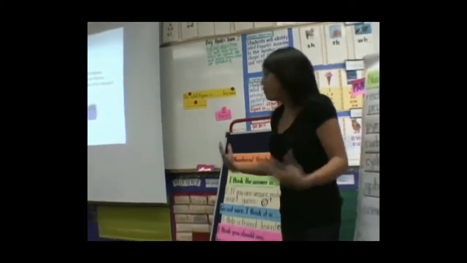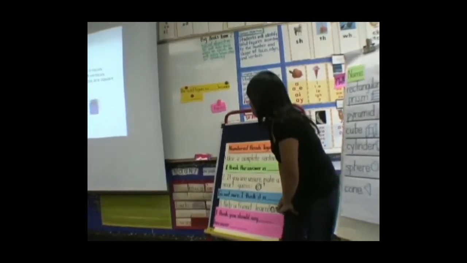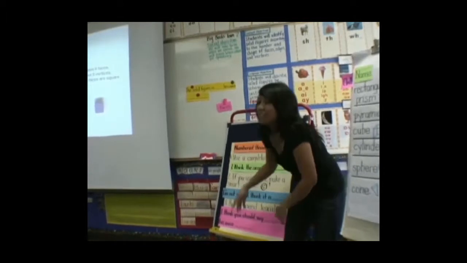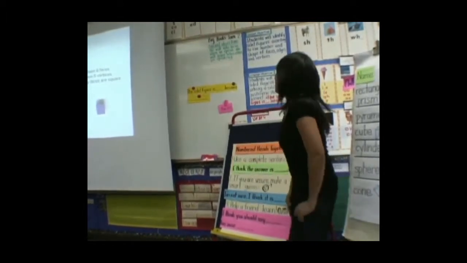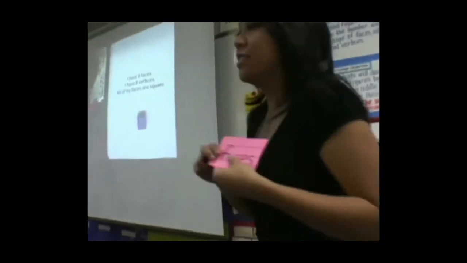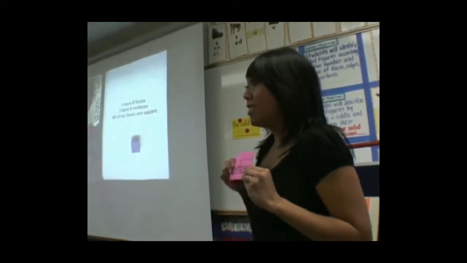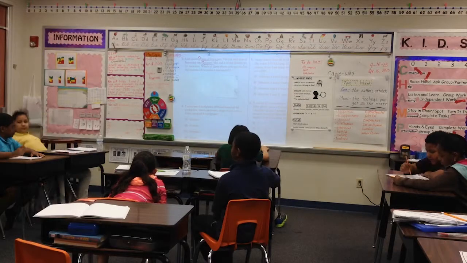This is an opportunity to learn from each other. And tell them, I think you should say this because, and don't forget to justify your answer using our geometry words. Number of faces, number of vertices.